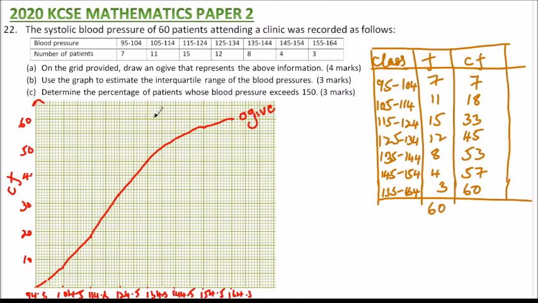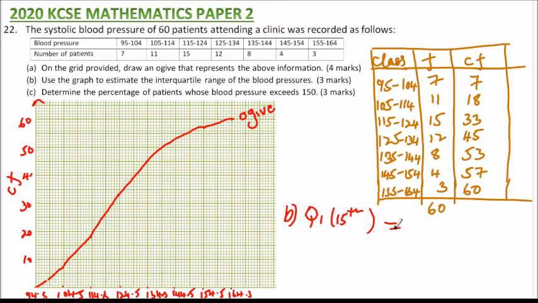From there we go to part B of the question. We are told to use the graph to estimate the interquartile range of the blood pressures. You have the first quartile. Because the total frequency is 60, the lower quartile is at the 15th. You divide 60 by 4, you get 15.